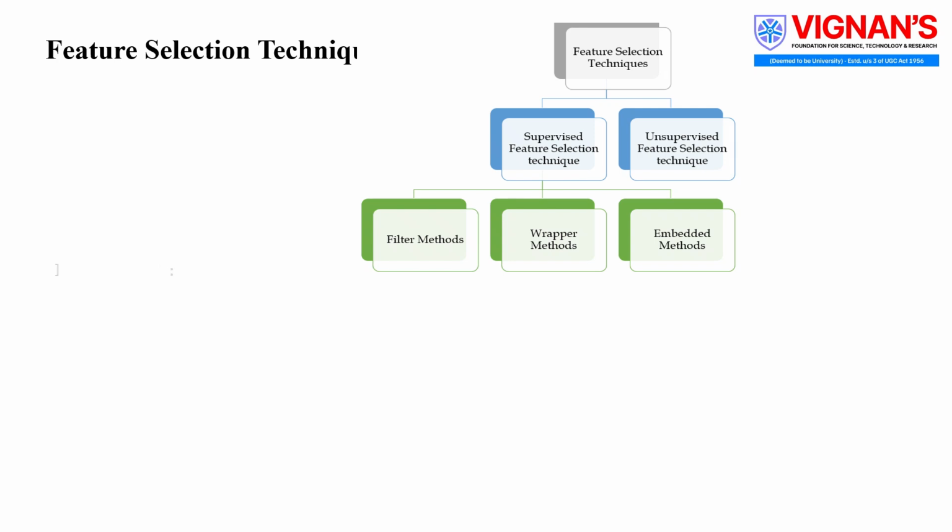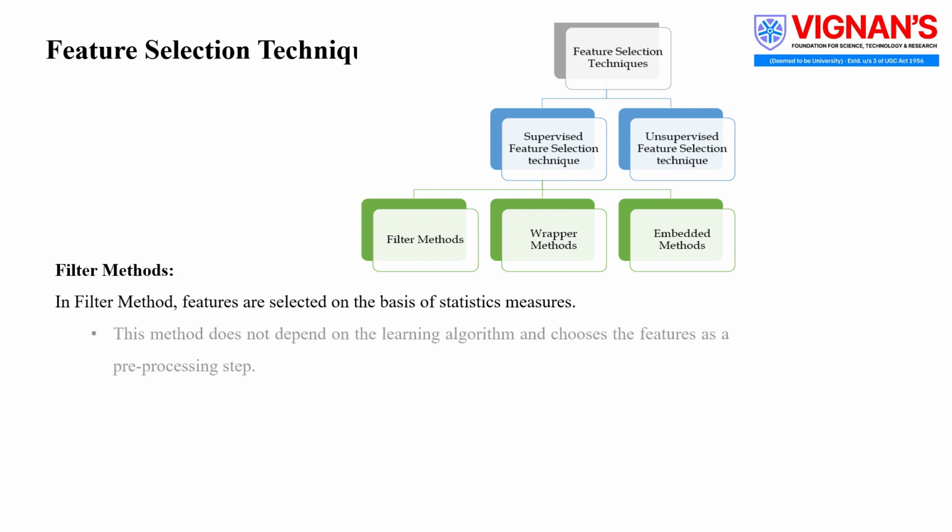Now let's see about filter method. Filter methods work by selecting features based purely on statistical measures. These methods do not depend on any machine learning algorithm. Instead, they choose the important features before the model is built, basically as a pre-processing step. The idea is simple.